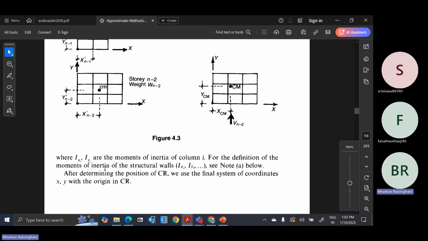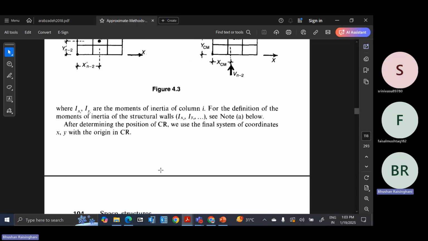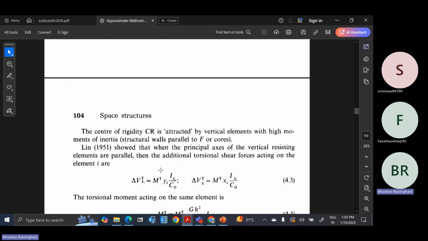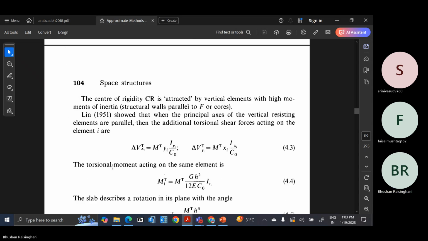So for the column, I they have taken, shear wall I they have taken, and if the beam is also there, then they consider the beam as well. Our formulas are not that exhaustive. However, this is taken in a more refined manner than we are doing.